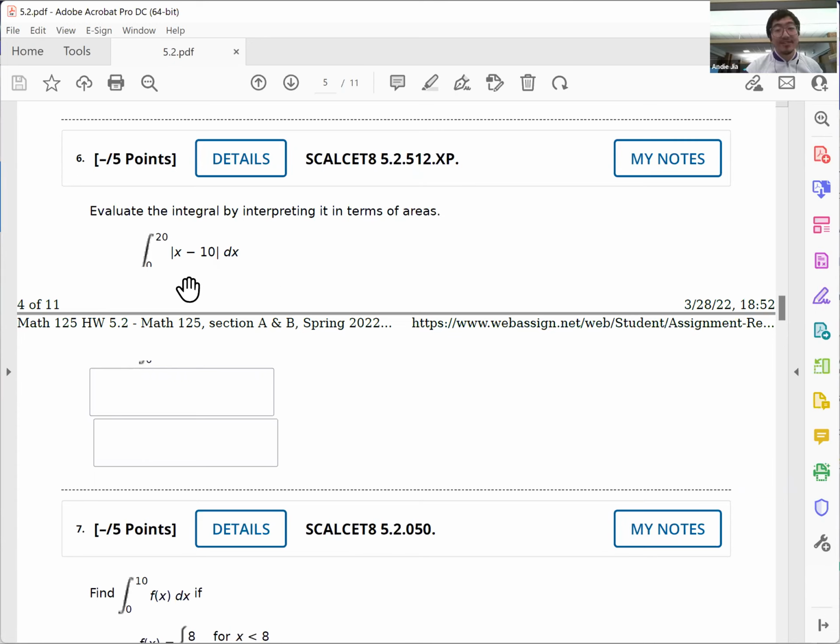This is going to be the net change theorem that you will encounter in section 5.4. This is the total distance traveled from 0 to 20, and it should be net positive because this is the total area, not the net area. It's not the same as the definite integral of x minus 10 from 0 to 20. Those are two different things.